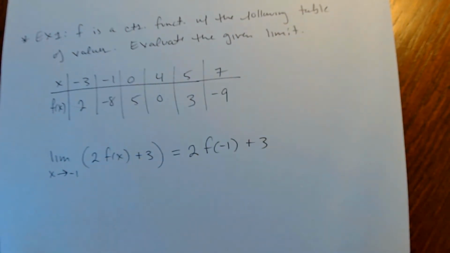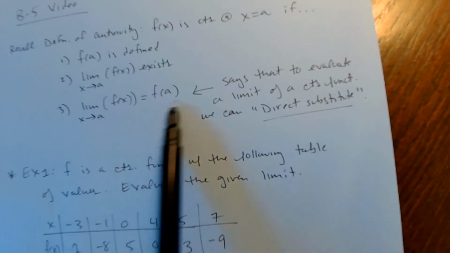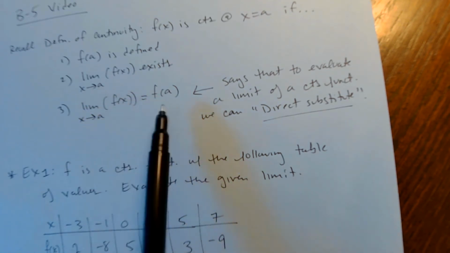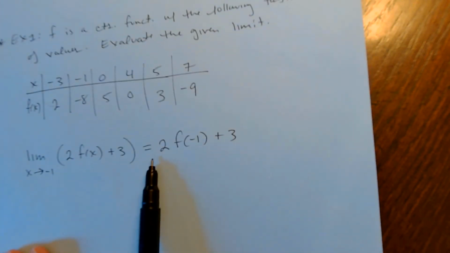Now, a thing that people usually struggle with here notation wise is that a lot of students don't drop the limit. Guys, notice, like in condition 3, there's the limit on the left side, but there's no limit on the right side. We have plugged in a. So same thing here. I don't have a limit here anymore.